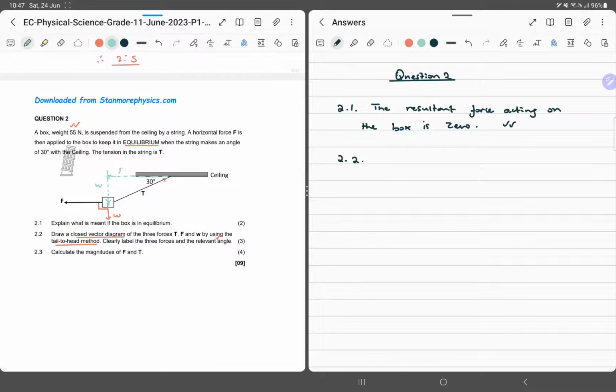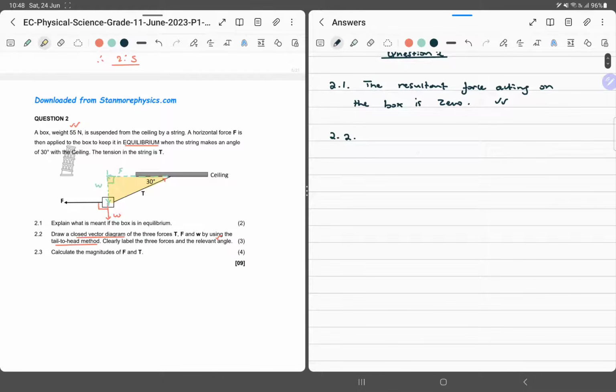So this is our force F. And we know that the angle between the force and the weight was 90 degrees, so it remains as 90 degrees. So essentially, we've got our closed triangle that shows our forces are in equilibrium because the arrows are going in different directions. So that's what we want to draw. Very easy, eh? Very easy.